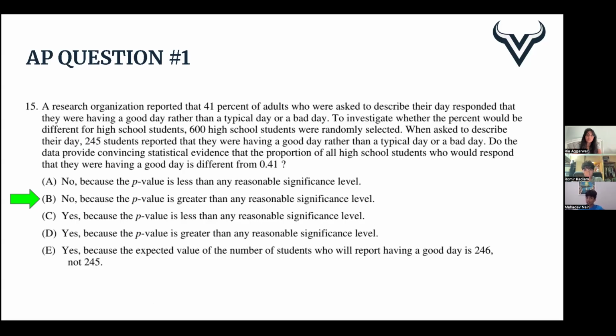Use the stat function on the calculator, then tests, then 1-PropZTest, and input your data: p0 being 0.41, x being 245, n being 600, and prop not equal to p0 because it says it's different. Then calculate. The p-value you'll get is 0.933.